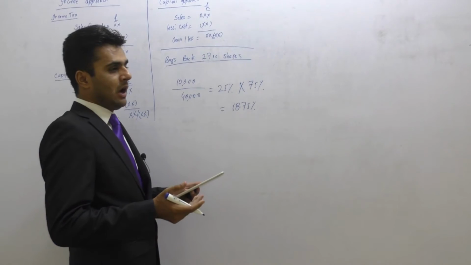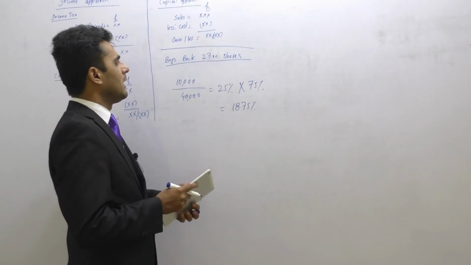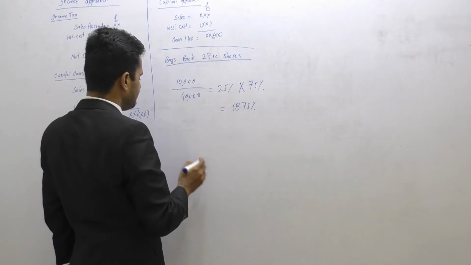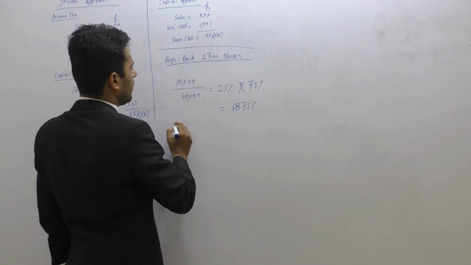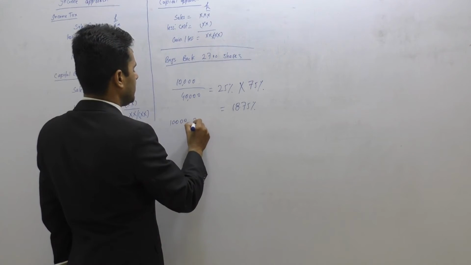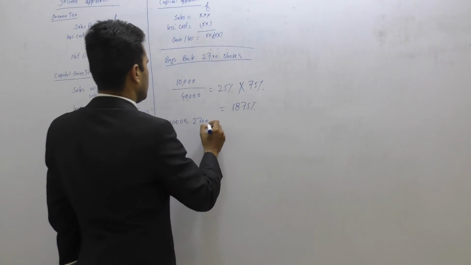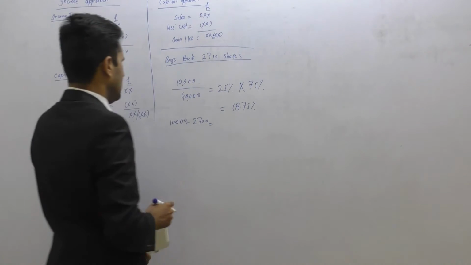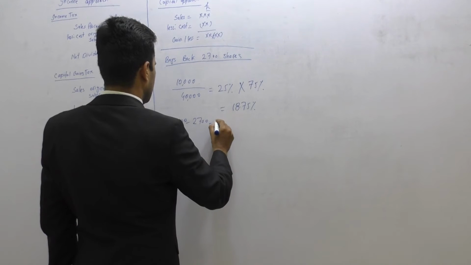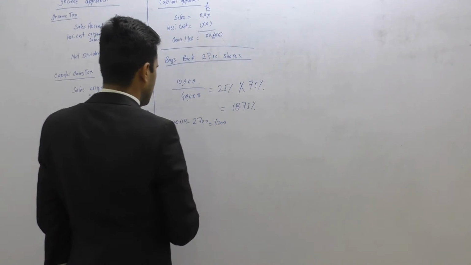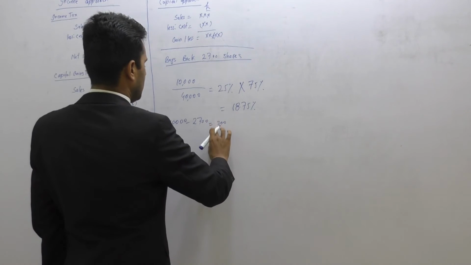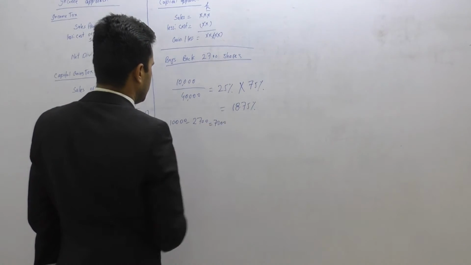Now we have to see her actual shareholding after the company buys back 2,700 shares. Her current shareholding is 10,000 shares, less 2,700, so that would be 7,300.